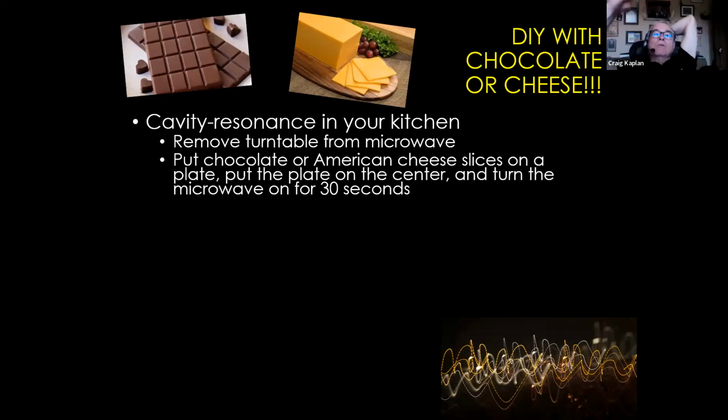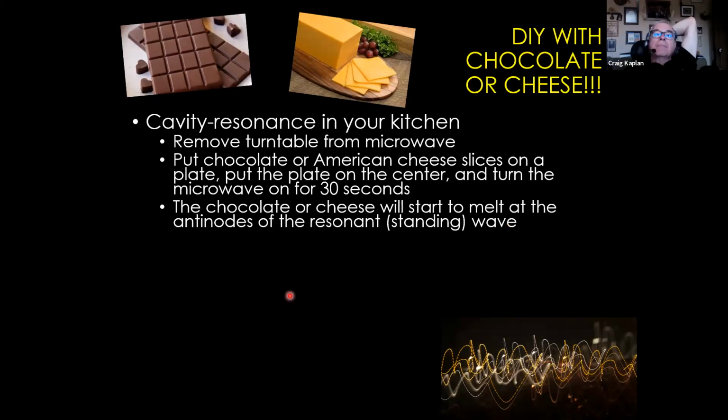Without the rotation, standing microwaves will be set up in the microwave when this happens. And so there'll be antinodes that maximize the energy of that standing wave, and where these antinodes occur in the standing wave, the cheese or the chocolate will start to melt before the rest does.